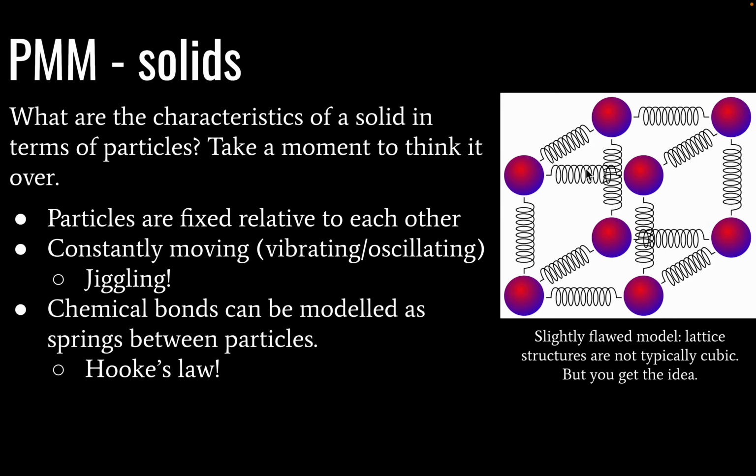So this is not a crazy way then to think about matter, where these springs are chemical bonds, and these particles are just constantly moving. You can actually buy models that look like this. They're a little bit problematic because our lattice structures aren't usually cubic. They're usually hexagonal, have 3 or 4 bonds. But anyway, moving on.